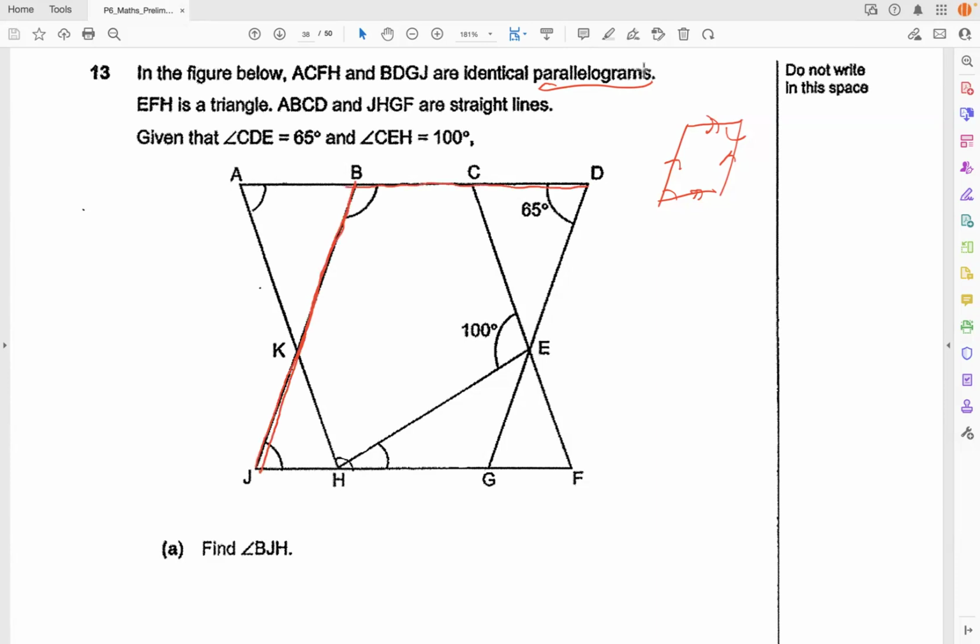They say identical some more, okay? So this is one of them. We use another pen. This is the other one. So there are two parallelograms and they are identical. So if they are identical, the angles must also be the same, okay? Corresponding angles must also be the same. So this is 65. Remember, I told you opposite angles must be the same, right? So this must be 65. So if they're identical, this will be 65 also, okay?